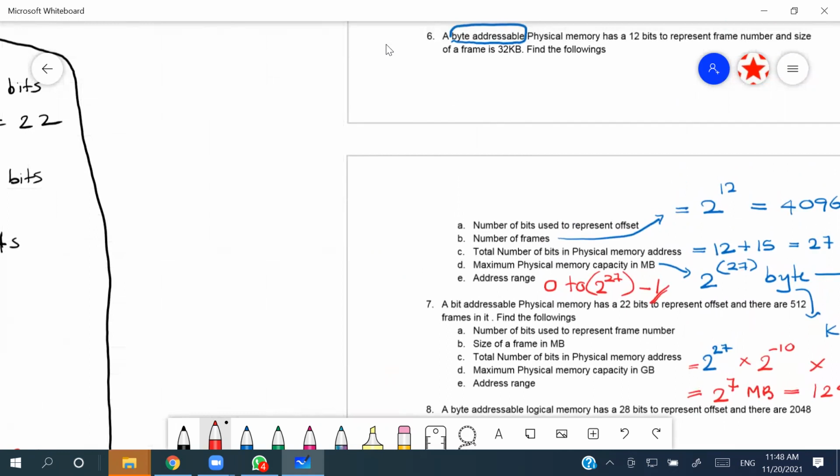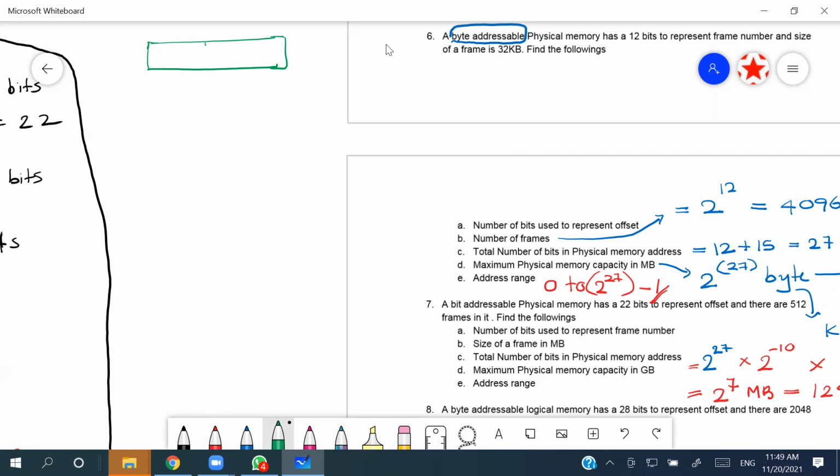For the 7th one, we got a particular address which has 22 bits to represent the offset.